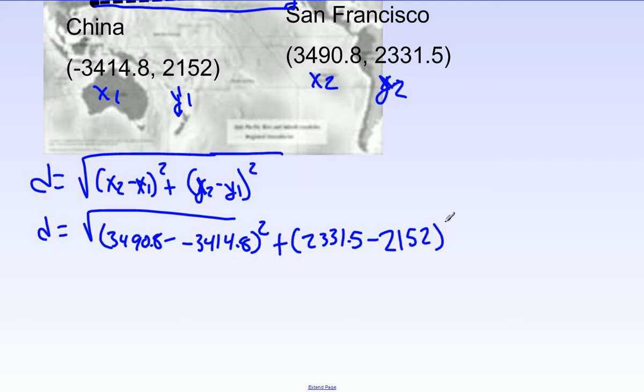x2, 3490.8, minus x1, which is negative 3414.8, squared, plus y2, 2331.5, minus y1, 2152, squared.